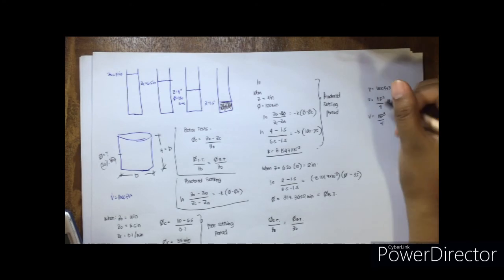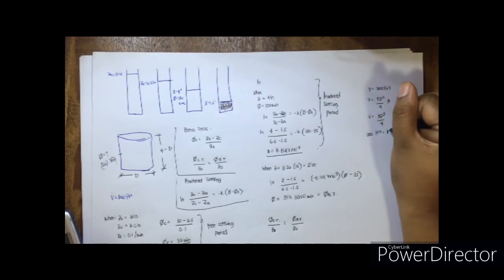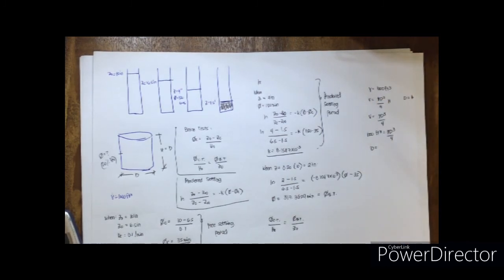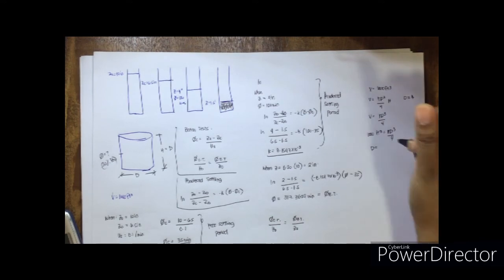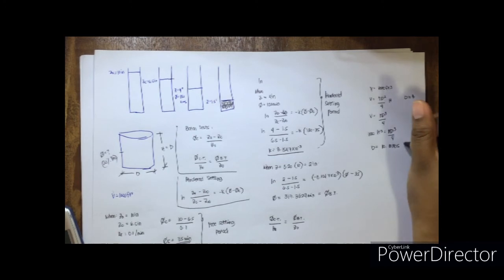So, the volume, we have the volume 1,000 cubic feet, pi d cube over 4, having a diameter of value of 10.8385 feet.